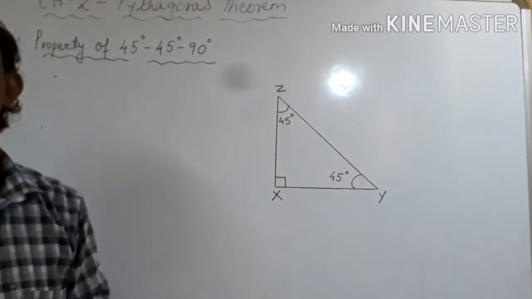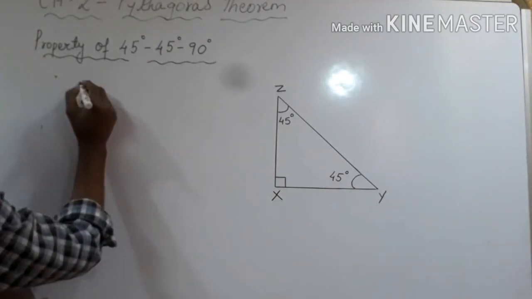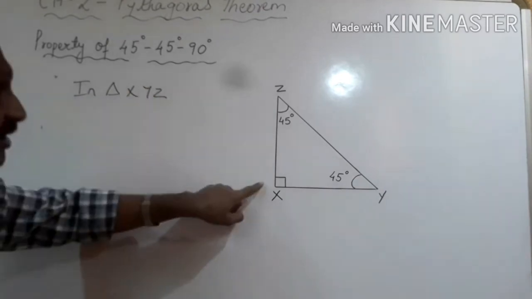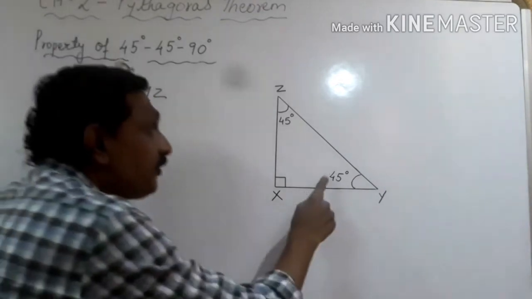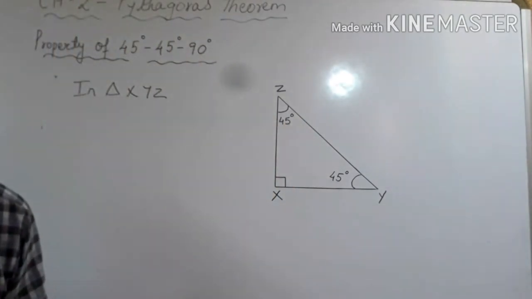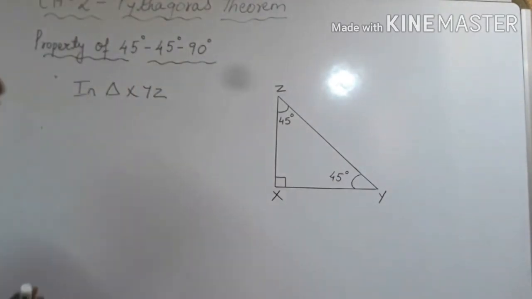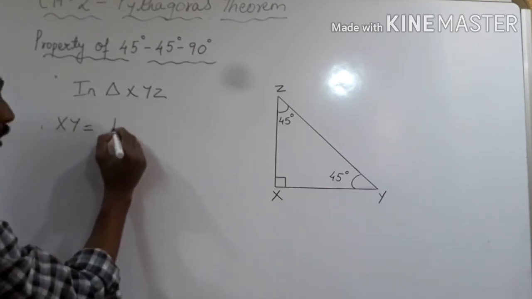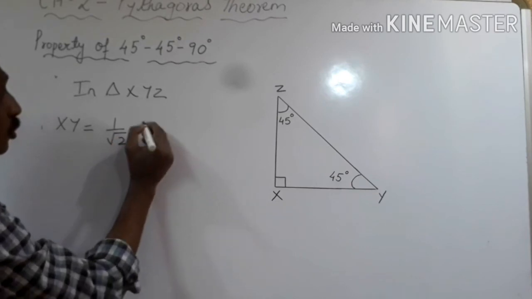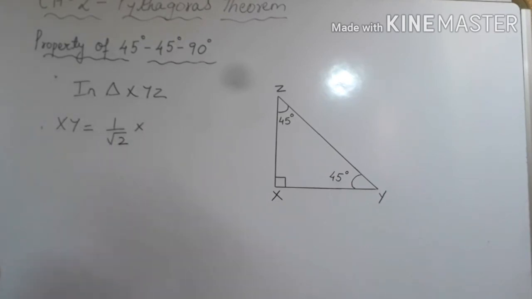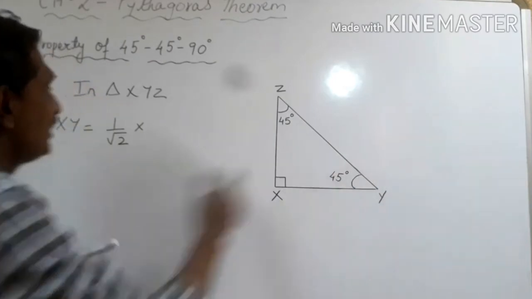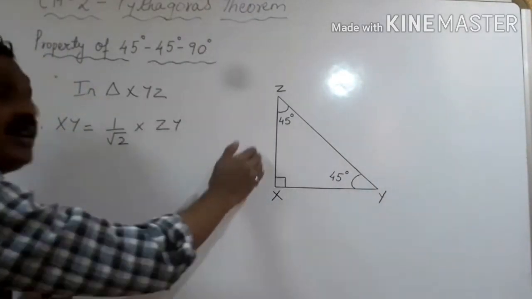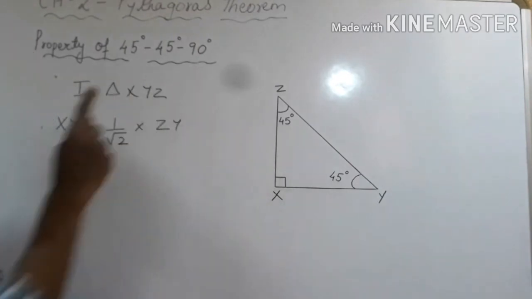So let us consider this triangle. In triangle XYZ, this is 90 degrees, this is 45 degrees, this is 45 degrees. So this perpendicular side XY is equal to 1 upon root 2 times the hypotenuse. What is the hypotenuse? ZY. Which is the other perpendicular side? XZ.